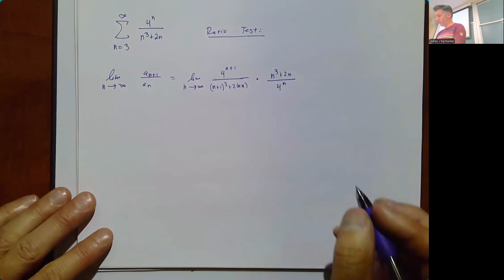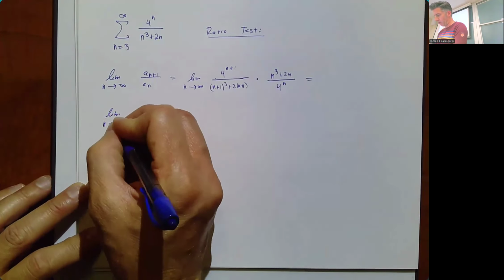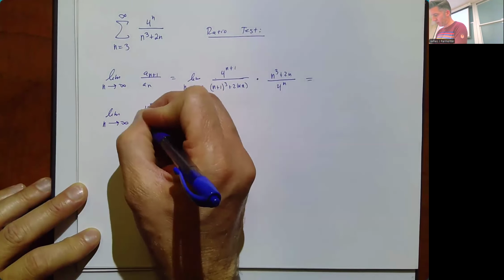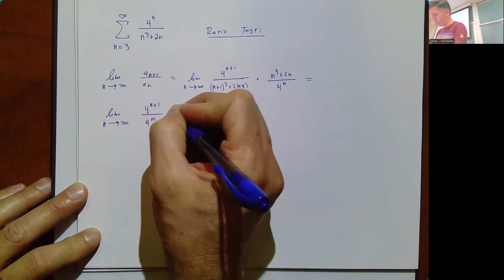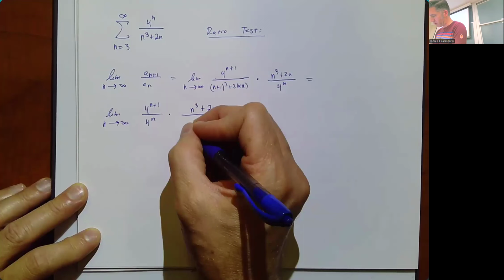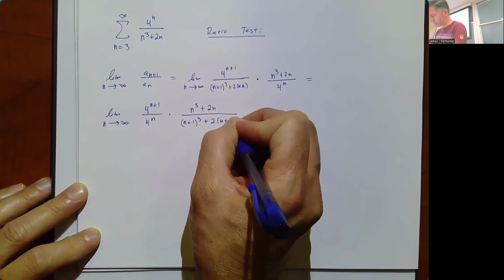I'm going to do the same thing I did before. I'm going to rearrange it so the like things get put together. I'm writing this as the limit as n goes to infinity of 4 to the n plus 1 over 4 to the n times n cubed plus 2n over n plus 1 cubed plus 2 times n plus 1.